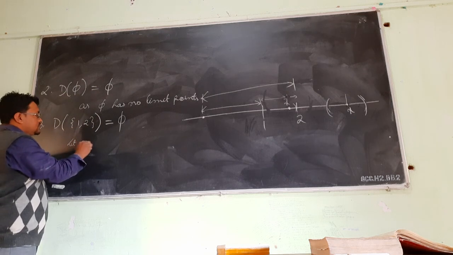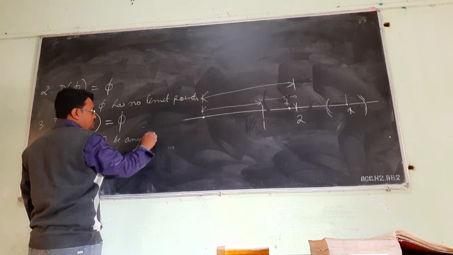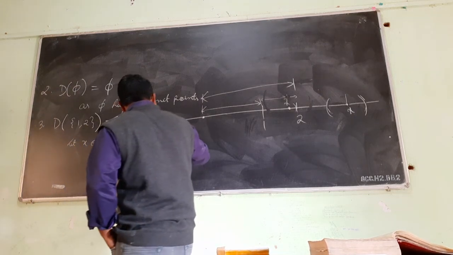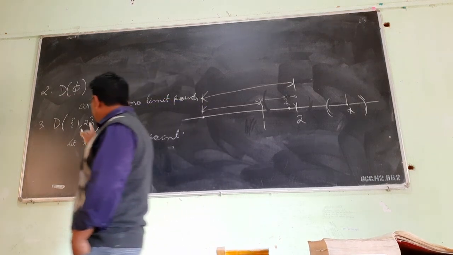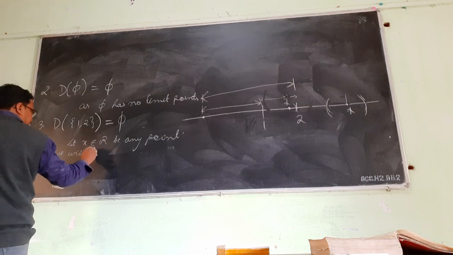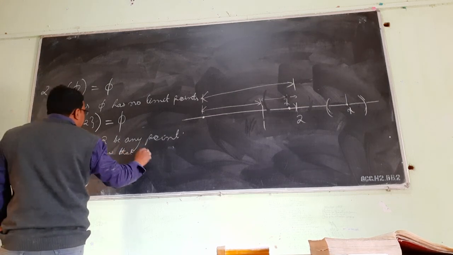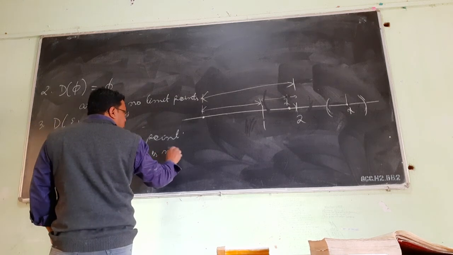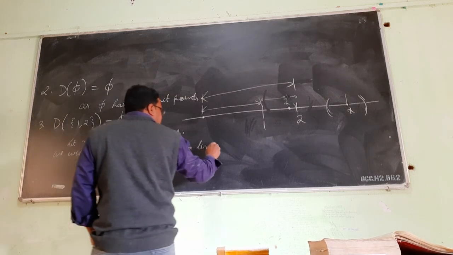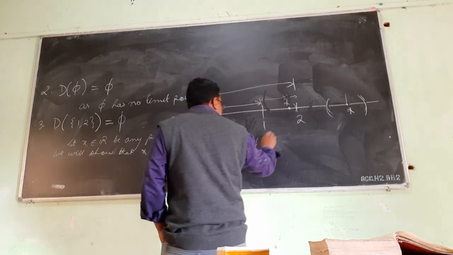So let x belong to R be any point. We will show that x is not a limit point of this set.